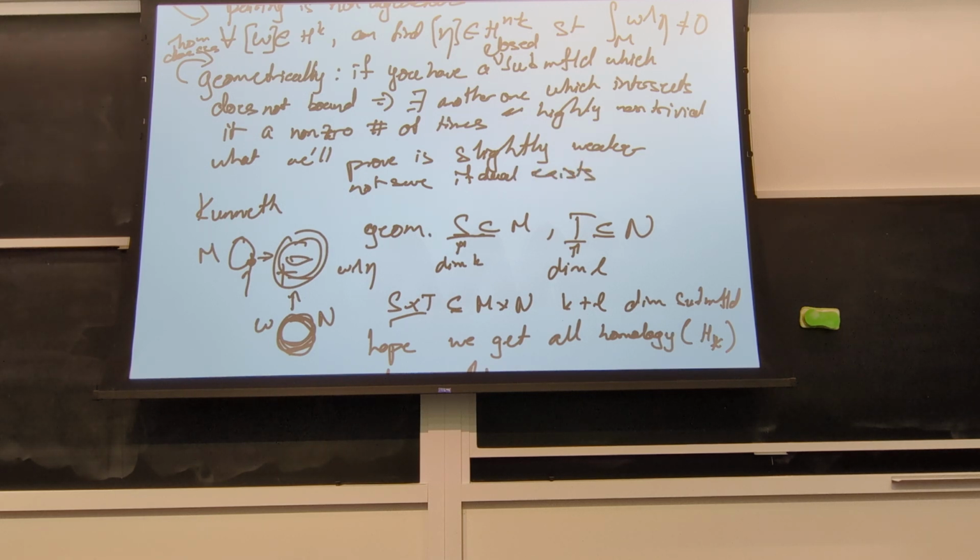And by the way, this is also an interesting statement. We showed that if you have a submanifold, then we get a Thom class from it. And we showed that the Thom class was a cohomology class by showing that d of it is equal to 0 by construction.